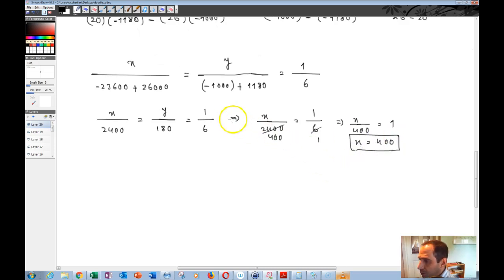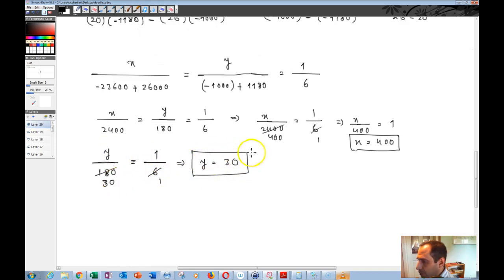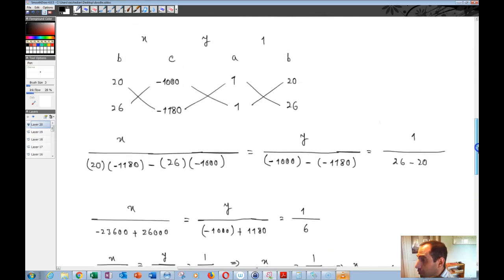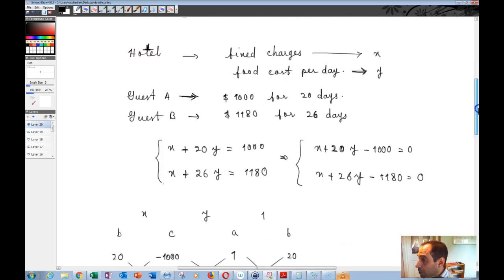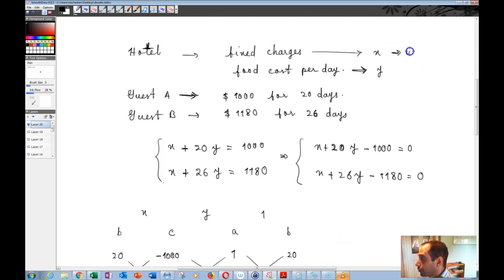Now about your y over 180 is equal to 1 over 6, so that's 30, and that is 1, so y is equal to 30. So y is equal to 30 and x is 400, so 430. This is 400 and this is 30.